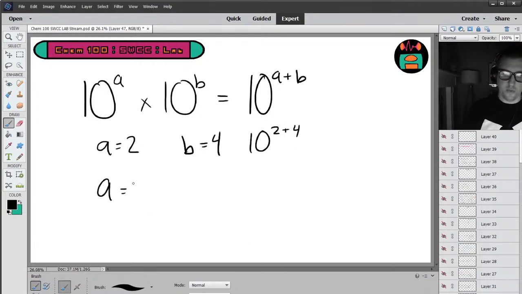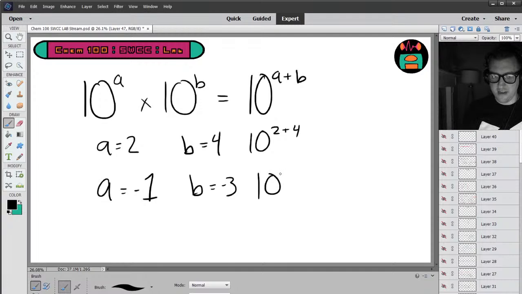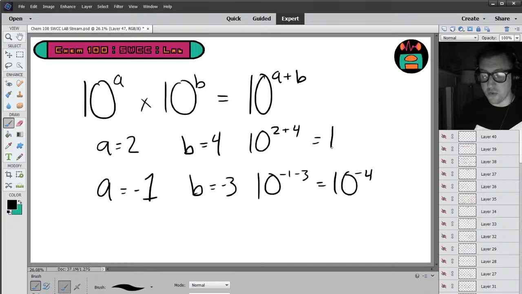If a was negative 1 and b was negative 3, it would be 10 to the negative 1 minus 3, which is 10 to the negative 4. So because we're adding, if both exponents of 10 are negative, they will totally stay negative.